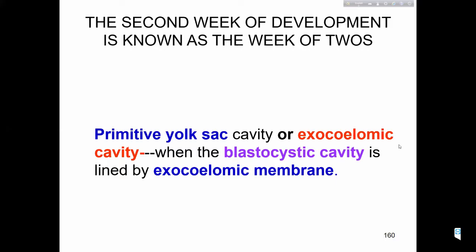If you remember the blastocystic cavity, when it is surrounded by the exocoelomic membrane, we call it the primitive yolk sac or primitive yolk sac cavity or exocoelomic cavity. So the blastocystic cavity, when lined by the exocoelomic membrane, a membrane secreted by the hypoblast, we call it a primitive yolk sac cavity or exocoelomic cavity.